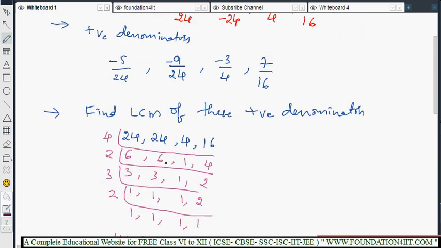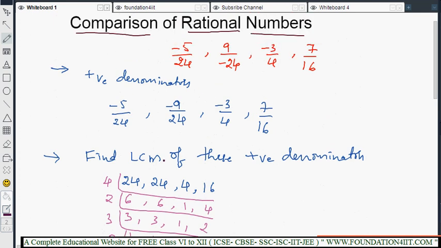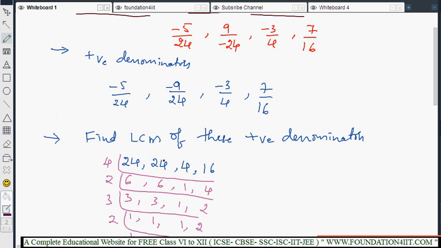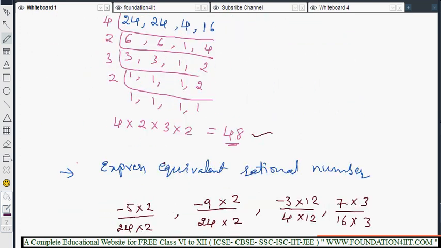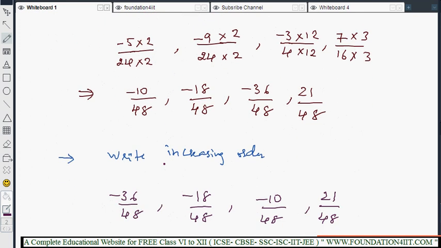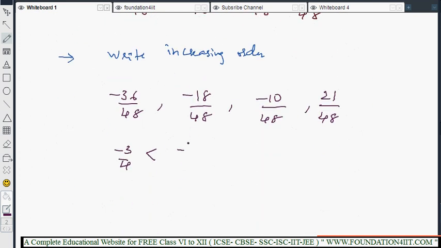That is minus 9 by 24, and then minus 5 by 12, and finally 21 by 48, which is nothing but 7 by 16.